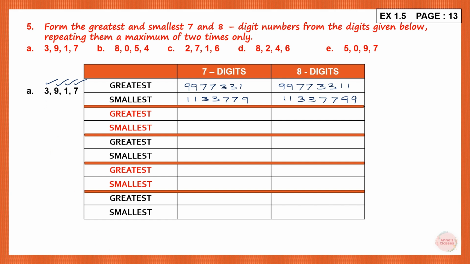So now let's take the next one, that is question B. Here also the same thing. There are 4 digits. To start with the greatest, you have to start with the biggest number here. The biggest number is 8, then 5, then 4, then 0. So let's start by repeating these numbers because we need to get a 7-digit number.